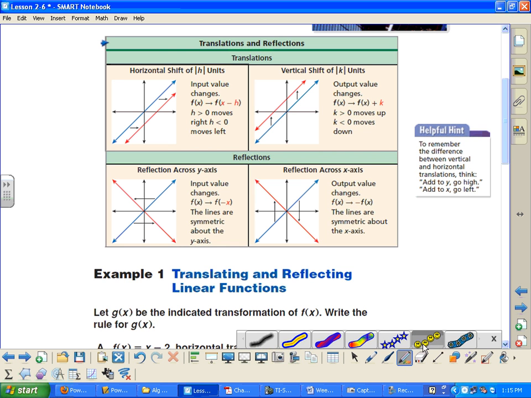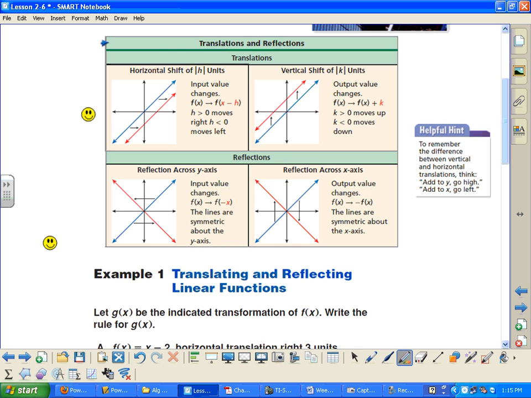The translations: we are going to move either left or right. A reminder of the form: it's going to be f of x minus h. The value of h is the horizontal change. If h is positive, it's going to move to the right. If h is negative, it'll move to the left.